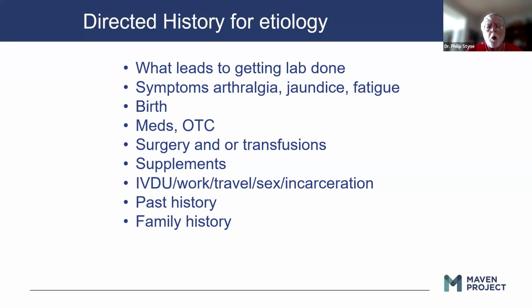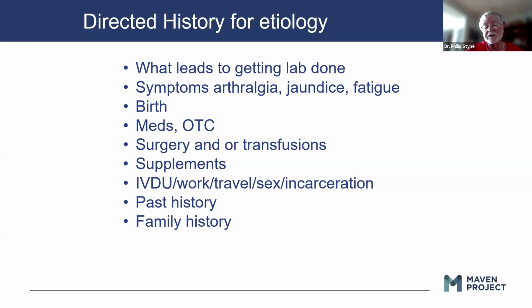A birth history is important. Meds and over-the-counter and food supplements, I can't stress this enough. Surgery and or transfusions; supplements actually probably belongs up in the other section. And then high-risk patients: IV drug users, work, travel, incarceration, really high rate of viral hepatitis in the incarcerated population.